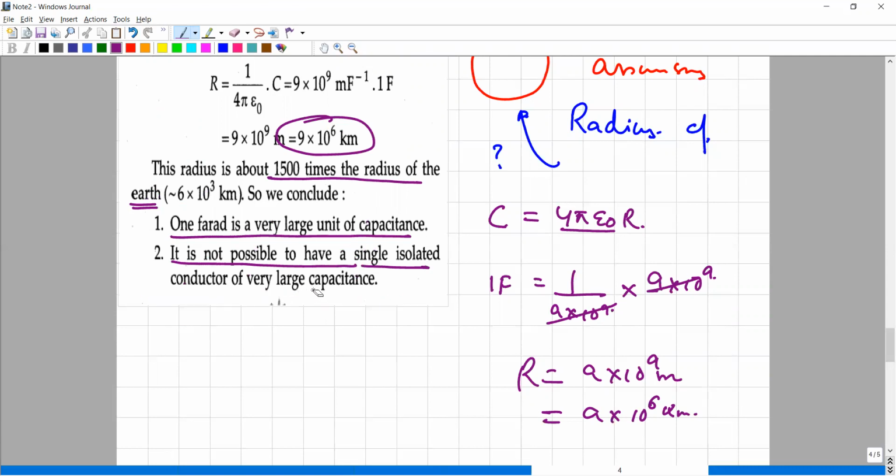You can have large capacitance, but not single. Multiple conductors can join and become very large, but a single isolated conductor cannot be 1 farad, because for that you need an object which is 1500 times the radius of the earth.